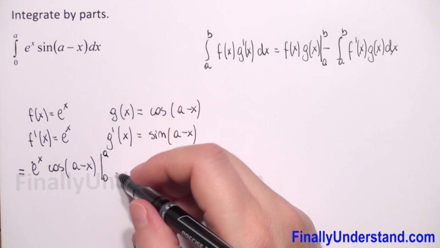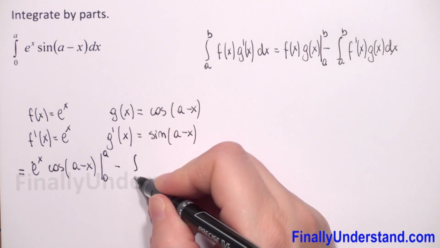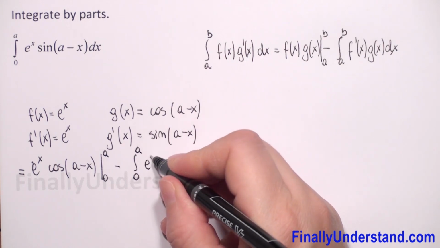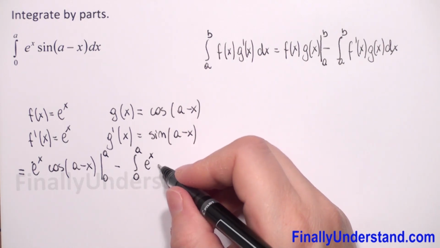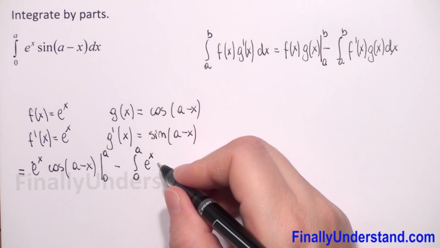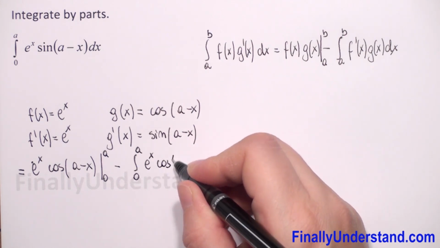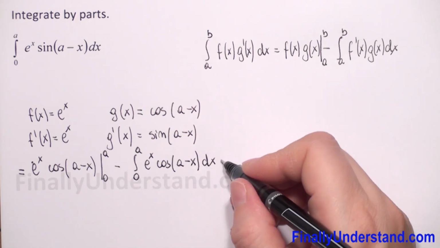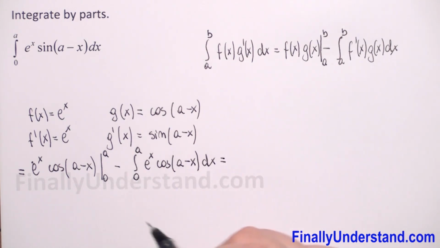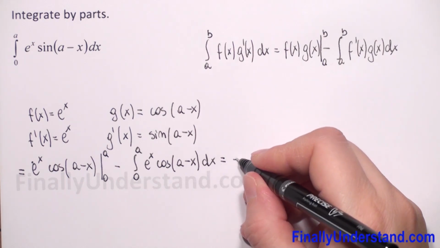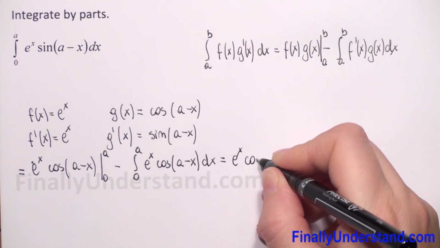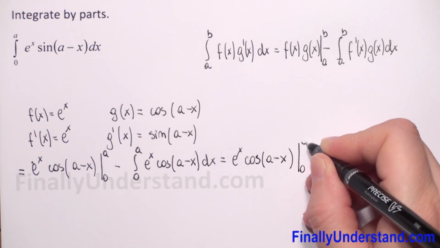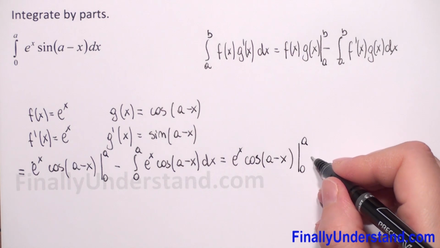Next, we have minus the integral from 0 to a of f prime, which is e to power x, times g, which is cosine of a minus x, with respect to x. So this is equal, we will copy the first expression. So we have e to power x cosine a minus x, limits from 0 to a, and we have minus.